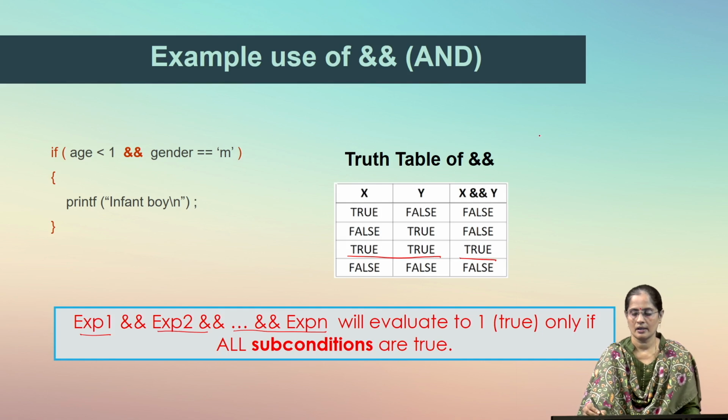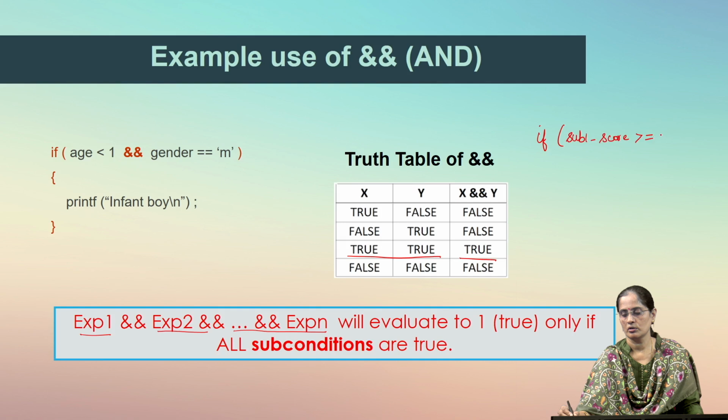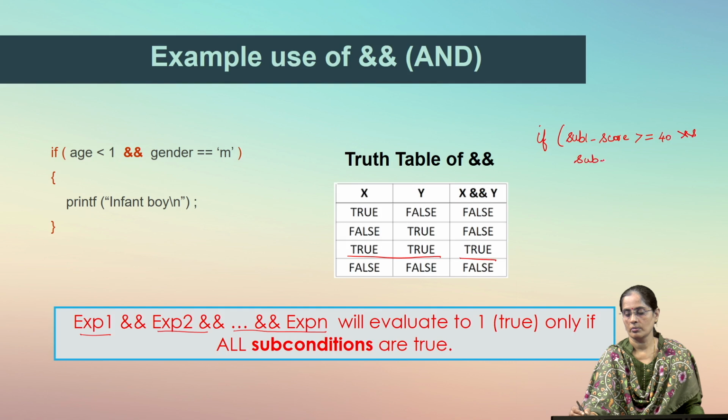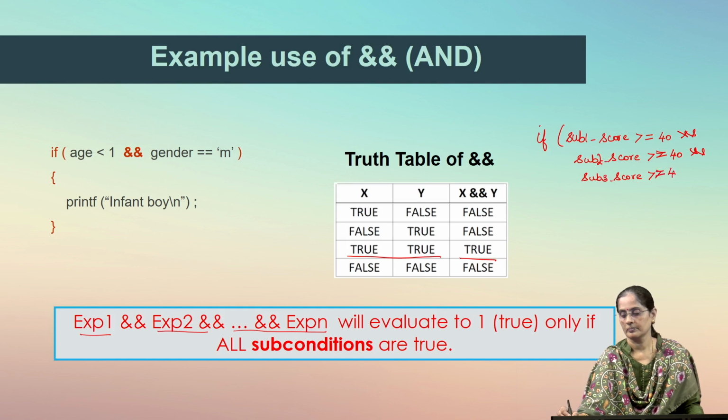So, in this case I can make the expression as: if the student's score, let me name the student score in various subjects, say subject 1's score, is greater than or equal to 40 and the second subject score should also be greater than or equal to 40, if 40 is the pass mark, and the third subject score should also be greater than or equal to 40.